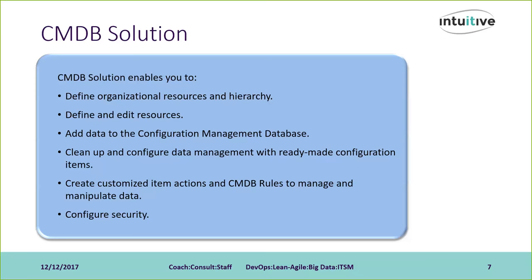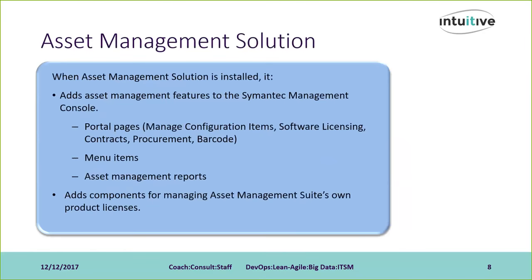So the next piece is the asset management solution itself. When you install asset management solution, the following occurs. You get the asset management items that are added to the management console. Specifically, you'll see the manage configuration items menu, the software licensing menu, contracts, procurement, and if you install Barcode Essentials, then you'll have that barcode portal, which are also added to the console.